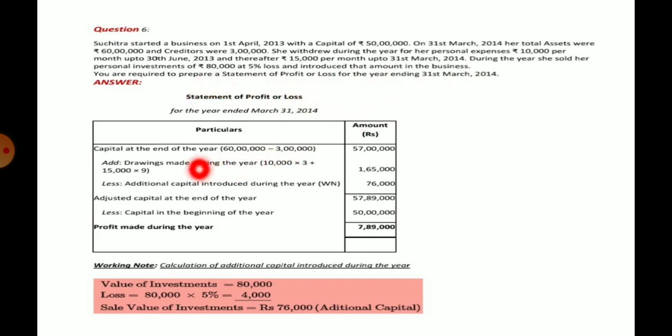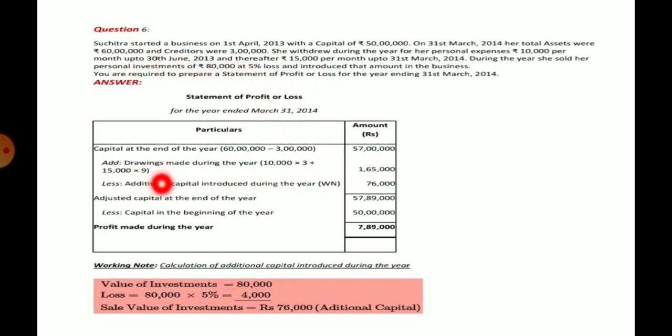So in the statement of profit and loss, first of all capital at the end of the year. It is 60 less 3 lakh.